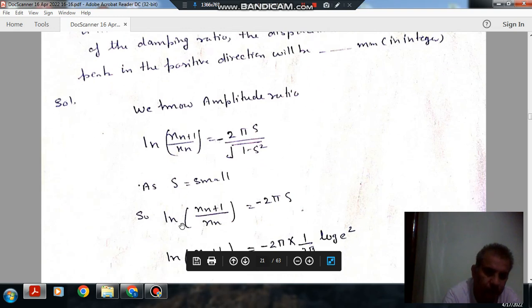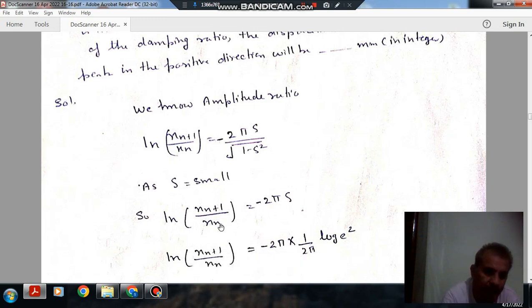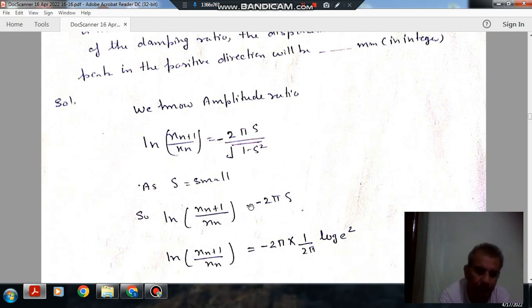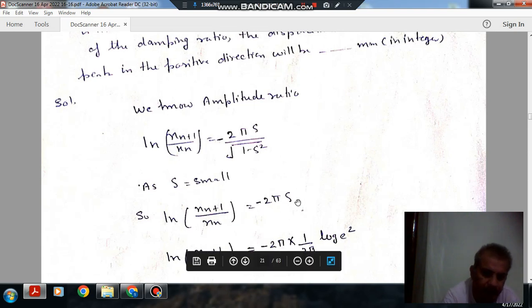Okay, so ln of xn plus 1 by xn will be equal to minus 2 pi xi. So xn plus 1 is the amplitude in the next cycle, and xn is the amplitude in the nth cycle. Okay, as the amplitude is decreasing in subsequent cycles, it will be equal to minus 2 pi xi.